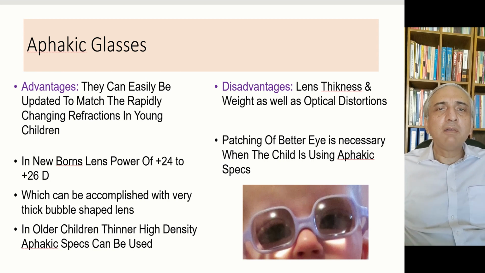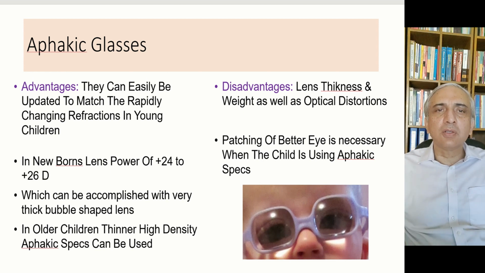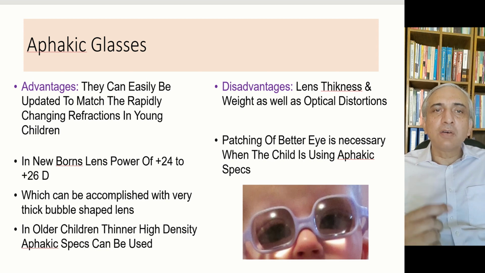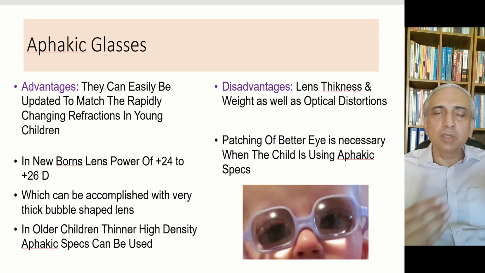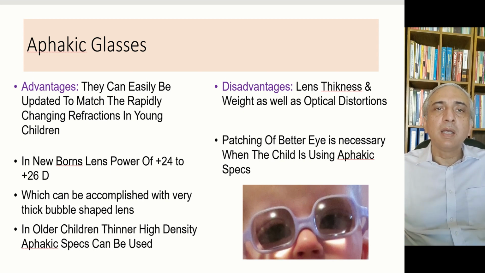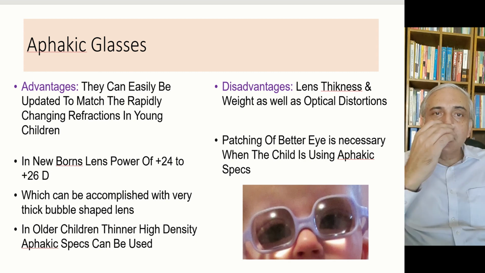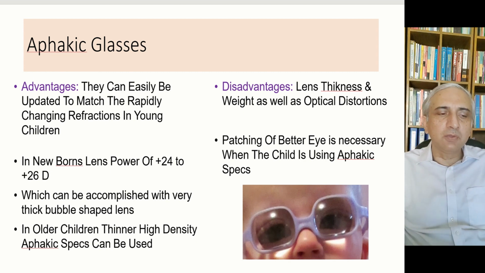Because if you have a child wearing +10 on one side and 0 on the other side, and he doesn't wear any glasses, with such anisometropia, the power of the lens is so different that the size of the image which forms on the retina is going to be totally distorted and mismatched. One might be 1.5 or 2 times bigger than the other, because as you know, the right brain sees from the right eye and the left eye both, half of each vision.